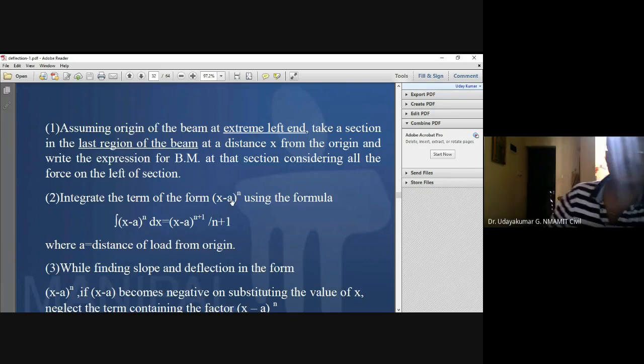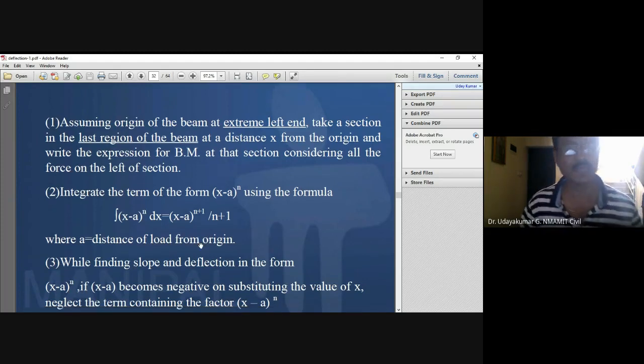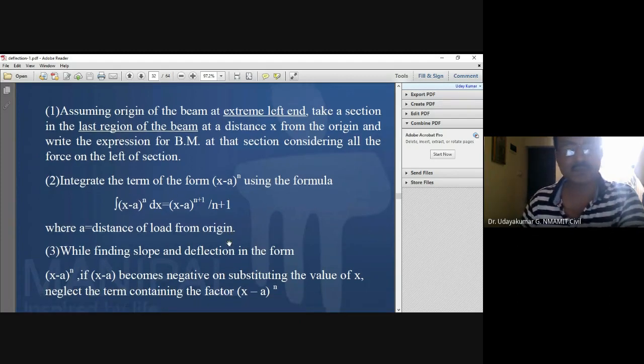While finding the slope and deflection, after substituting the value of x, if x minus a becomes negative, you should not consider it; it should be neglected. So in the form (x minus a) to the power n, if x minus a becomes negative on substituting the value of x, neglect the term containing the factor (x minus a) to the power n. We'll see this in the problems.